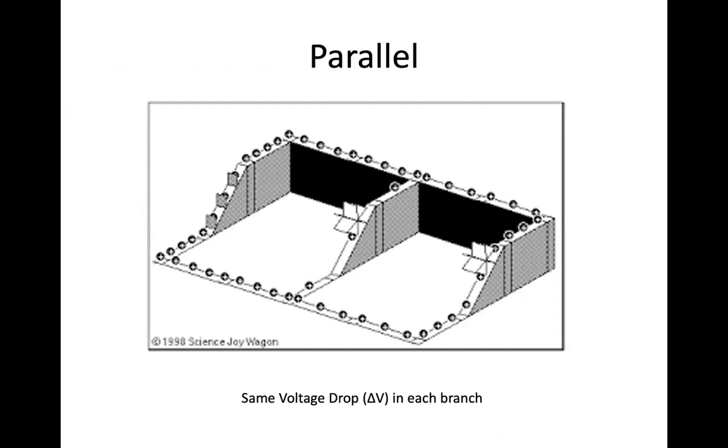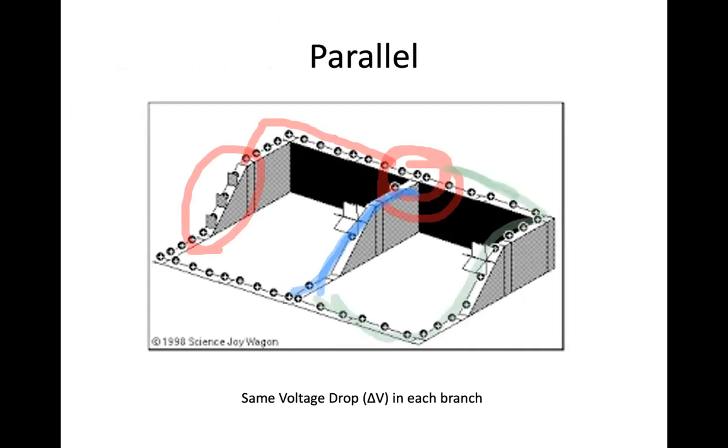We're thinking about our battery pumping the water up, and then the water flows, but now there's a junction so that some of it flows through a branch like this way, but some of it continues on and flows through this branch.